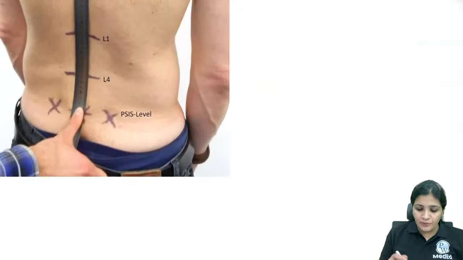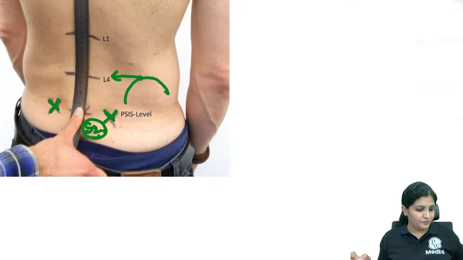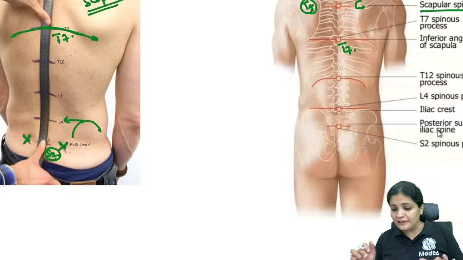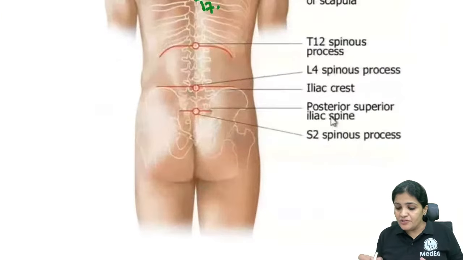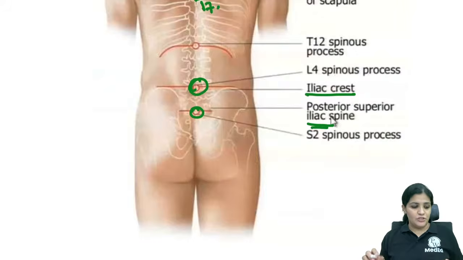And coming down here, you will see the posterior superior iliac spines. The level of these is your S2. And the highest level of the iliac crest is your L4. So if you see the iliac crest, this is your L4, and the level of the posterior iliac spines is S2.